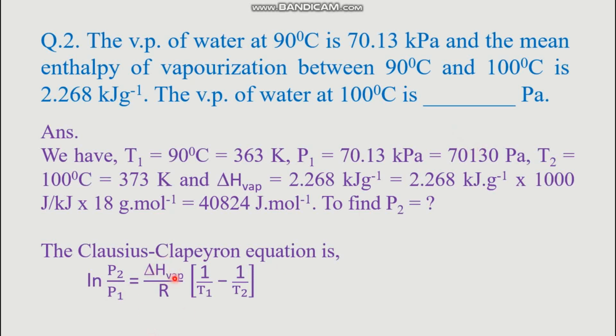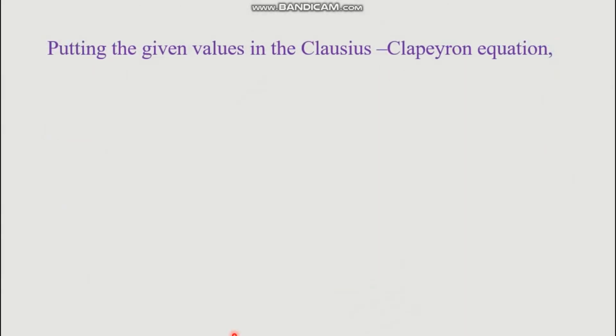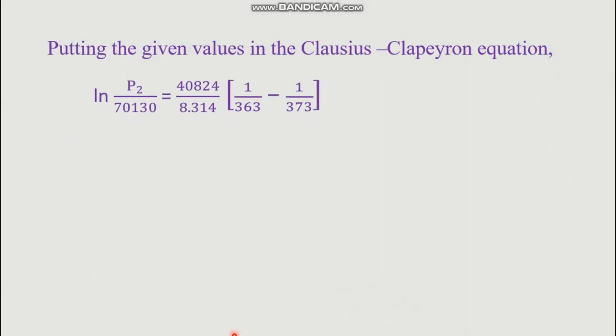In place of delta H, in the SI unit, we put 40824 joule per mole. Here R is 8.314 joule per Kelvin per mole. T1 is 363 Kelvin, T2 is 373 Kelvin. So these values are put like this, and you get this equation.